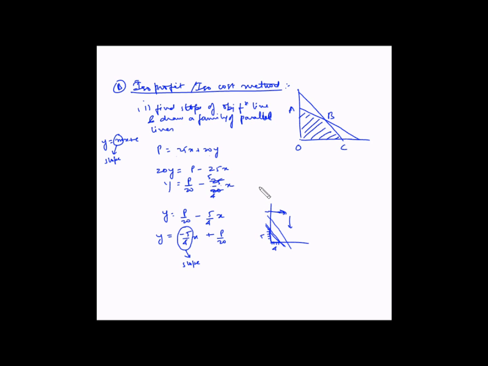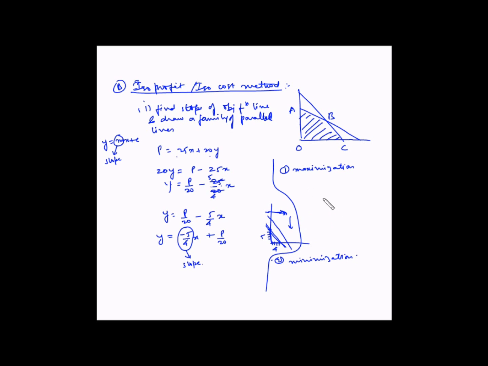Now in this method there are two cases. Say first case is for the maximization objective, and we'll take the second case for the minimization objective.